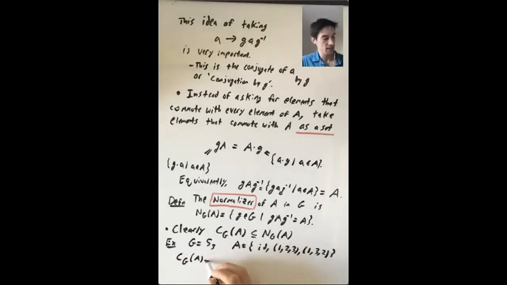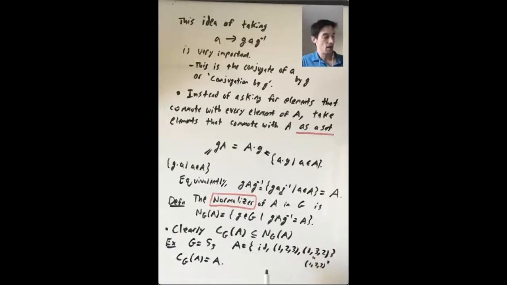C_G(A) equals A. It's not hard to see that these three elements form a subgroup. That group is abelian, like (1 2 3) times (1 3 2) is the same as (1 3 2) times (1 2 3). Maybe one nice way to say it is that (1 3 2) is the cycle (1 2 3) squared, and a cyclic subgroup is always abelian.